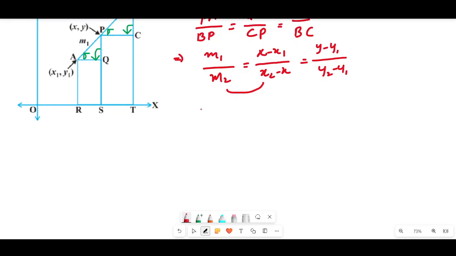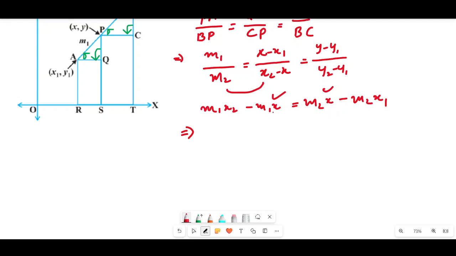Solve these two only. Now what will be? Multiply it. M1 X2 minus M1 X equal to M2 X minus M2 X1. Then here it is X and here this.